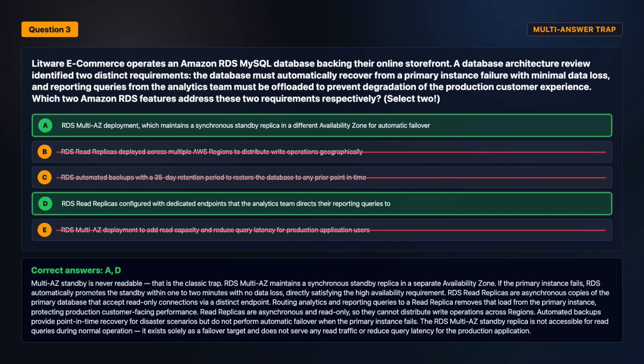Automated backups provide point-in-time recovery for disaster scenarios, but do not perform automatic failover when the primary instance fails. The RDS Multi-AZ standby replica is not accessible for read queries during normal operation. It exists solely as a failover target and does not serve any read traffic or reduce query latency for the production application.